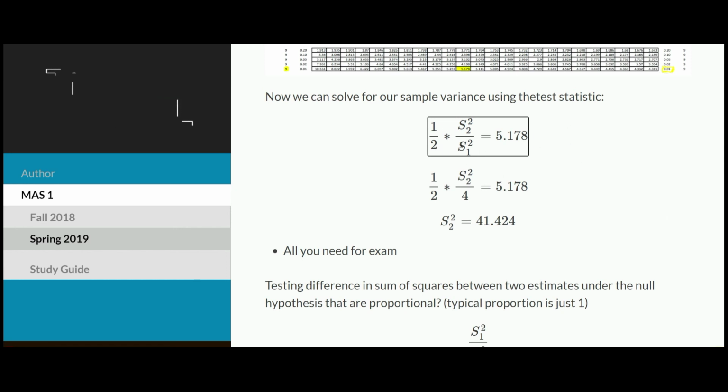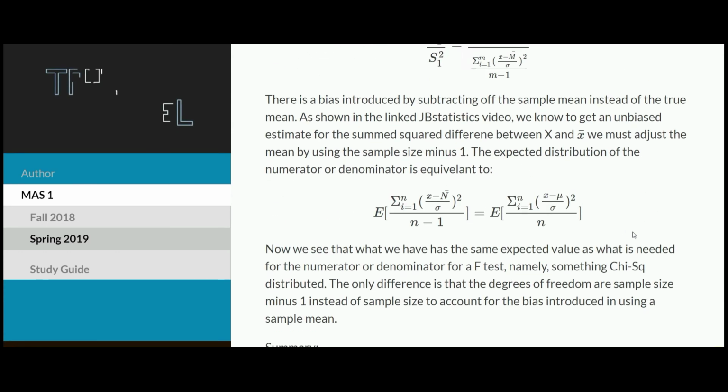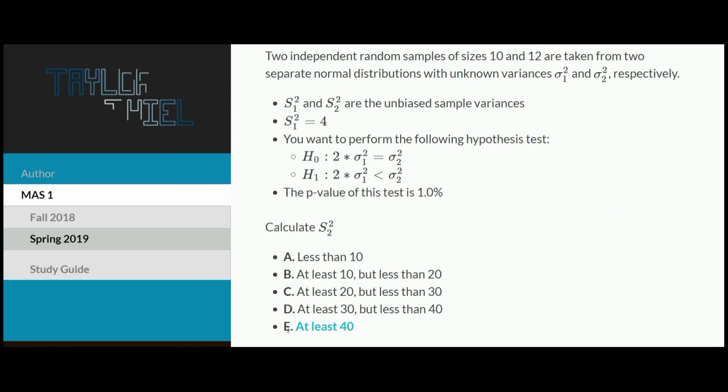So here we have this, and we were also given in the problem that the sample variance sub 1 is equal to 4. At this point, we've got some elementary math, and we end up getting our answer of 41.424. Going up to the problem, we see that that falls in the range of E. So E is our final answer.